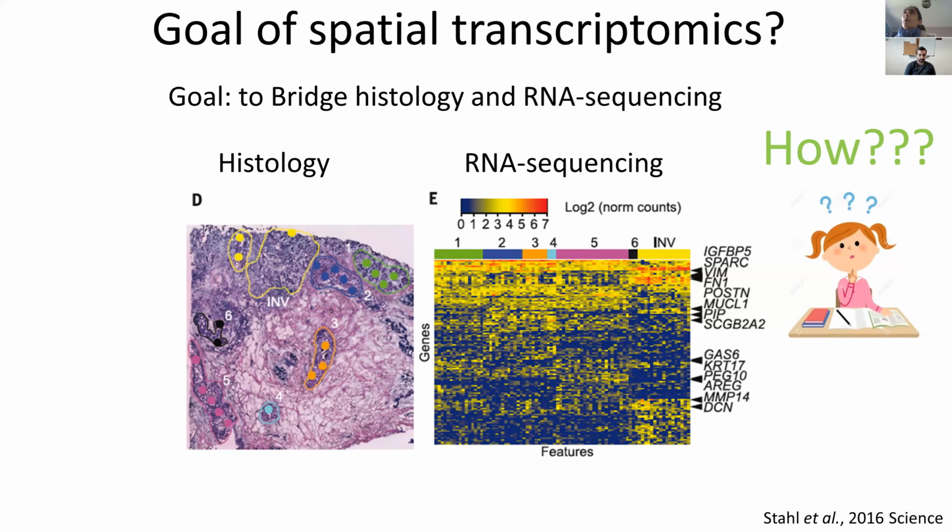In a way, spatial transcriptomics allows you to bridge between histology and imaging methods, where the tissue is preserved very well but usually you can analyze only one or a few RNAs at a time, and RNA sequencing, where you can sequence the full transcriptome of your cell, but you have completely lost its spatial identity.